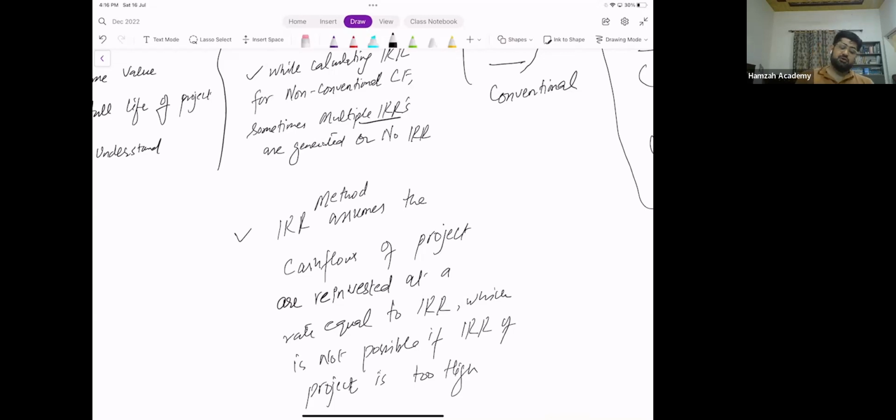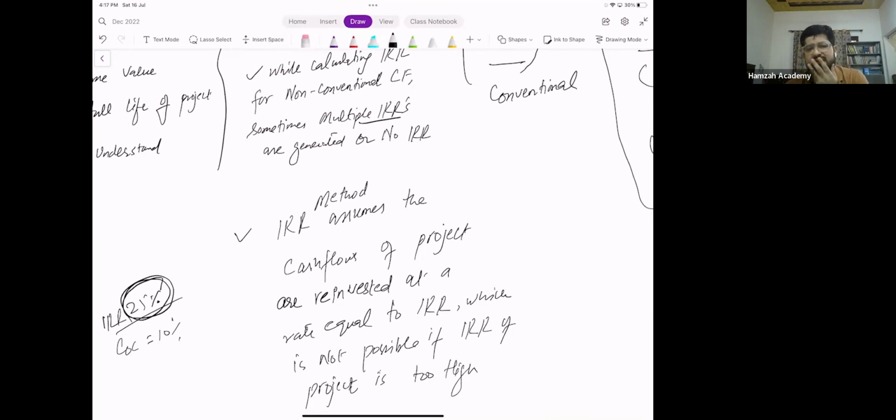That the cash flows of projects are reinvested at a rate equal to it. For example, IRR of project is 25%. Cost of capital is 10%. IRR assumes that the excess cash flow is being reinvested at 25%. Too high a rate.